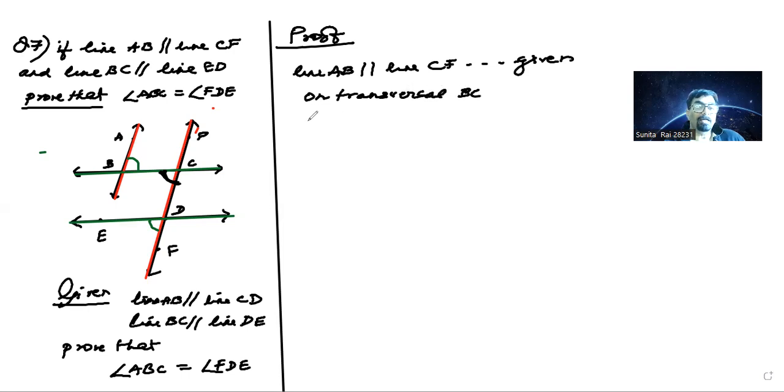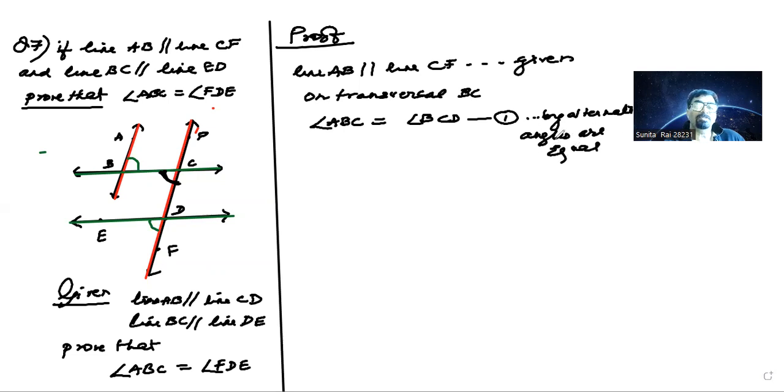What I can say, angle ABC is equal to angle BCD, children. What is the reason for that? I call that statement number 1 by alternate angles theorem. The lines are parallel, alternate angles are equal. So you got your angle ABC equal to something.